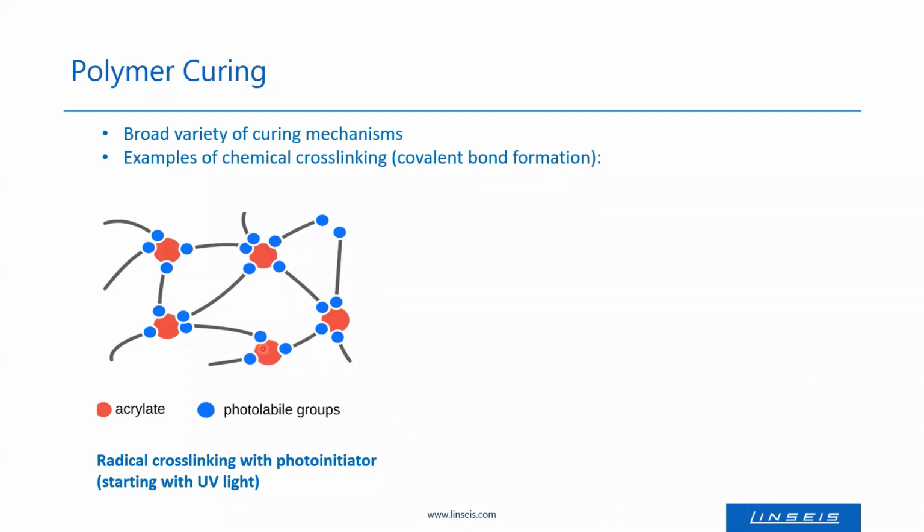If you irradiate these blue circles, or these photolabile groups, with UV light, for example, they form radicals and react with each other, and they form chemical bonds.